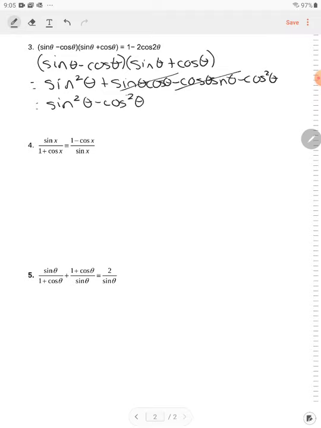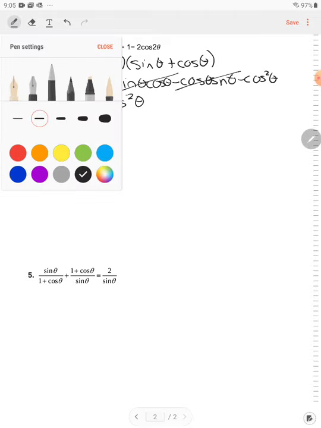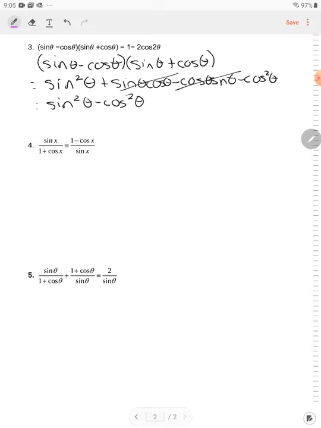Now, what happens here is that I have to write sine squared in terms of cosine squared. So if you remember from your Pythagorean identity, we know this: sine squared plus cosine squared is 1. That means sine squared is 1 minus cosine squared.